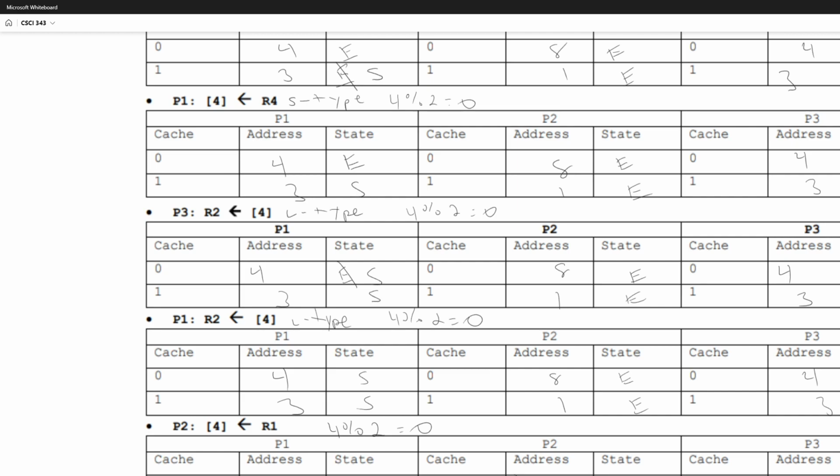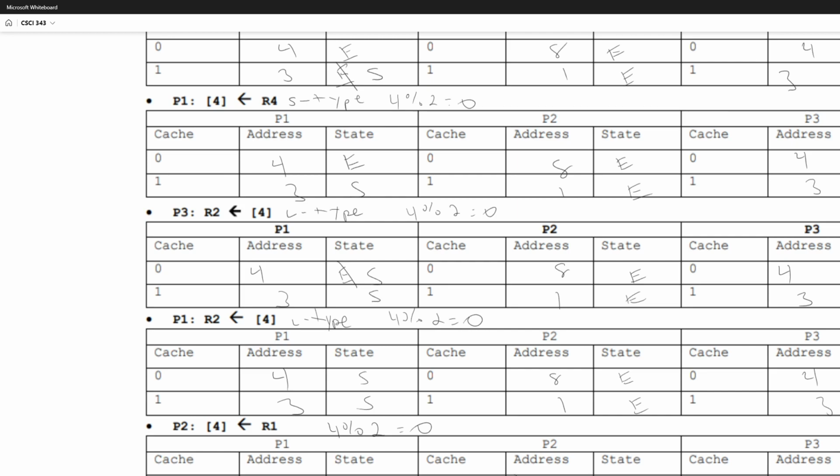Right now it doesn't really matter which cache shares it, because both of them have it. One of them will. But then right after that, now that's allocation done.